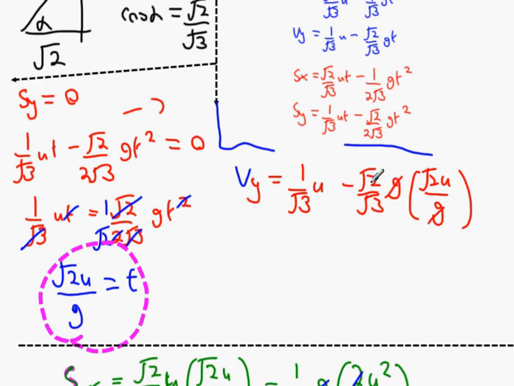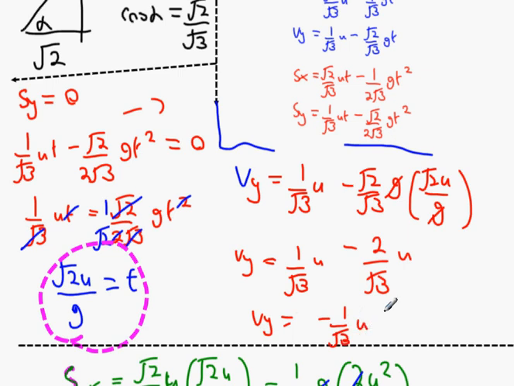Cancel, cancel. So what's Vy, anybody? Minus 1 over root 3 u.